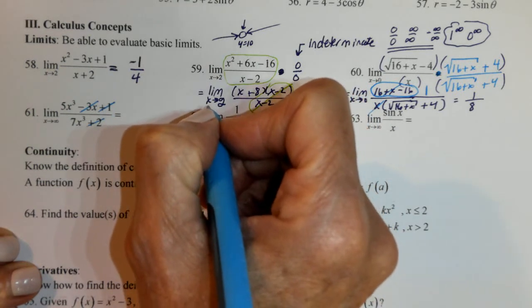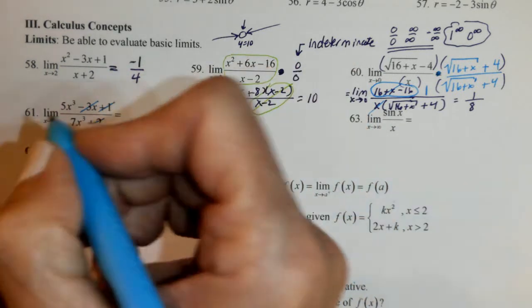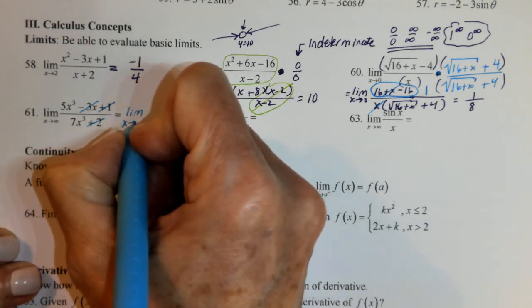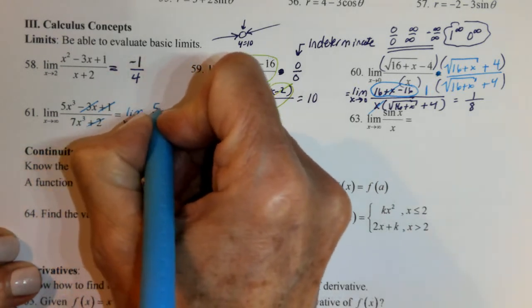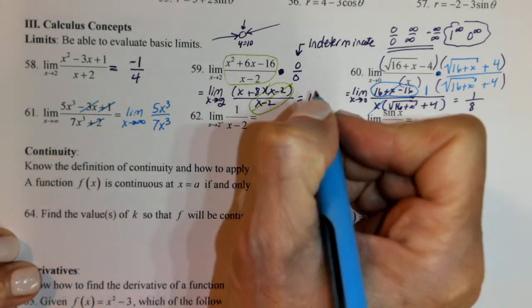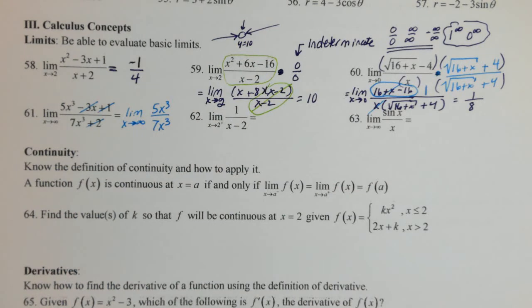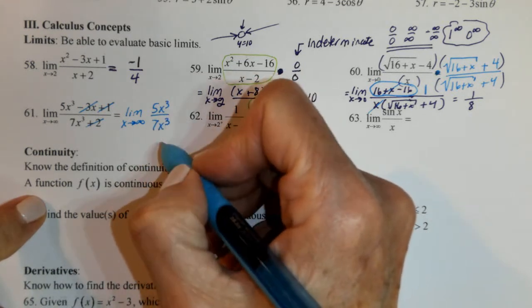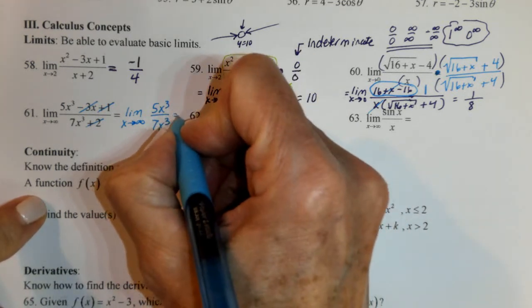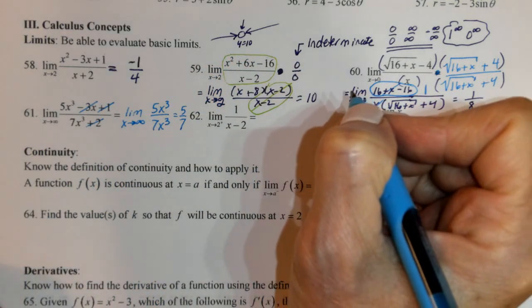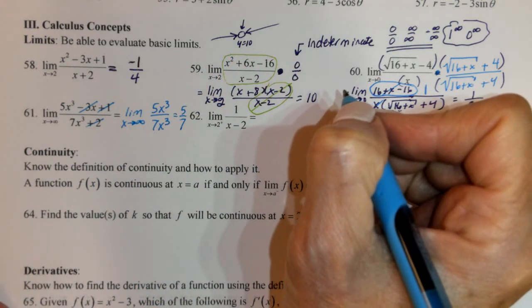So this behaves exactly like 5x cubed over 7x cubed. These two limits are the same. Now I see that the x cubes can completely reduce out, leaving 5/7. So that limit is 5/7.